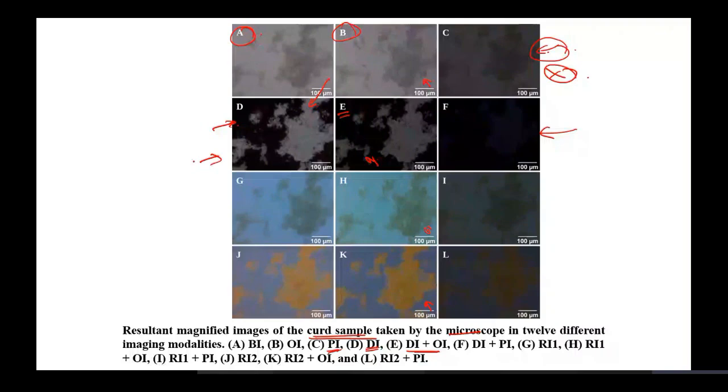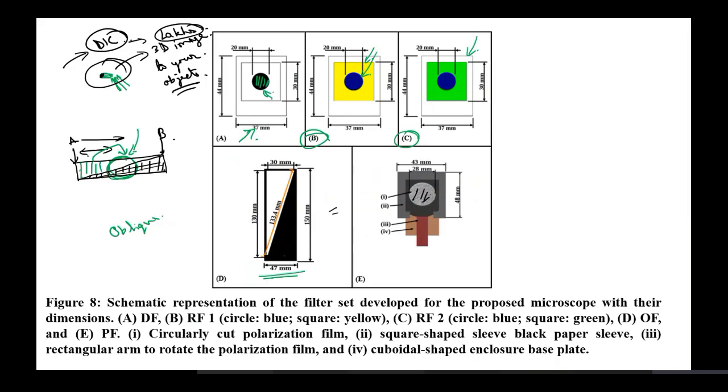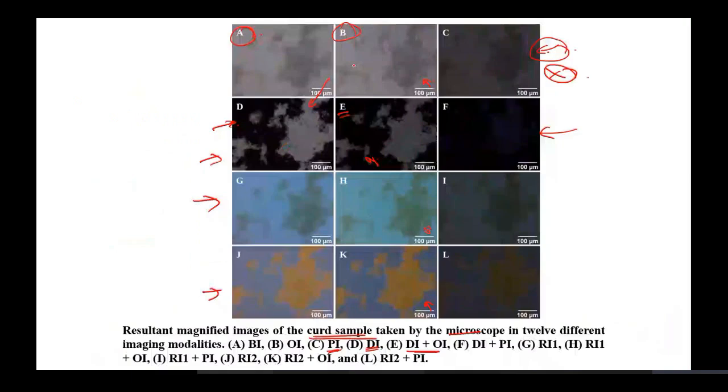In this row and the next row, we have the rainbow illumination system. If you see the rainbow illumination here, blue and yellow. If you compare dark field imaging with this rainbow illumination, in dark field imaging the central part was blocked, so no light was coming through.